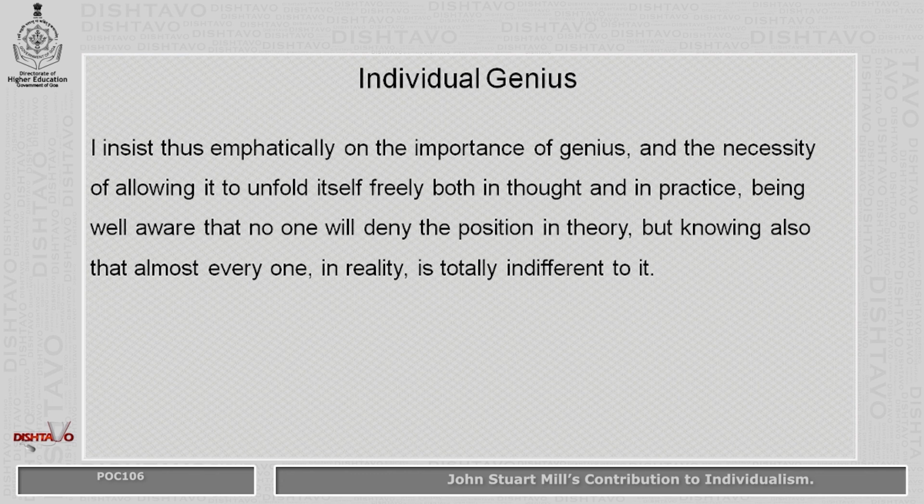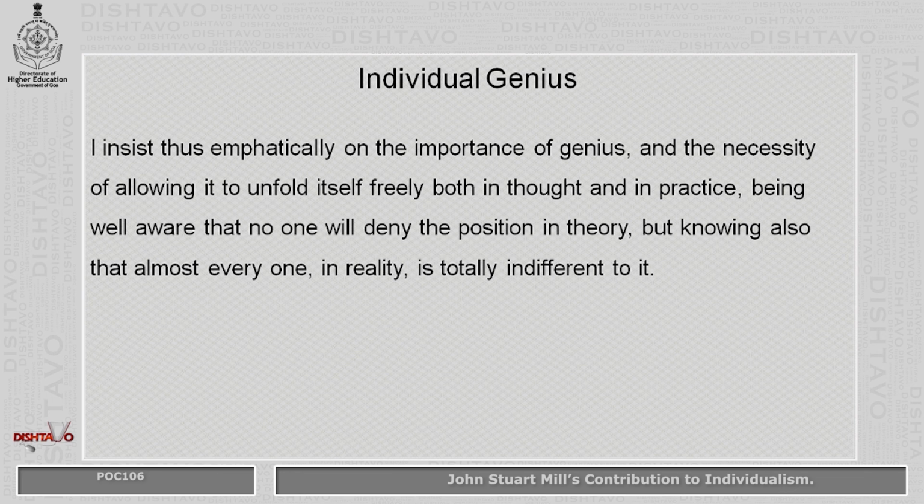So individual genius comes out or becomes visible only when someone lets himself freely engage in thought and practice, in any activity, freely, without any suspicion. Such a person grows his individual genius.